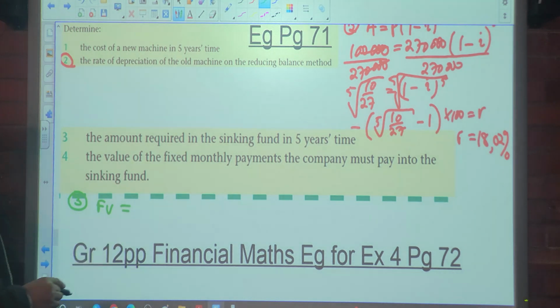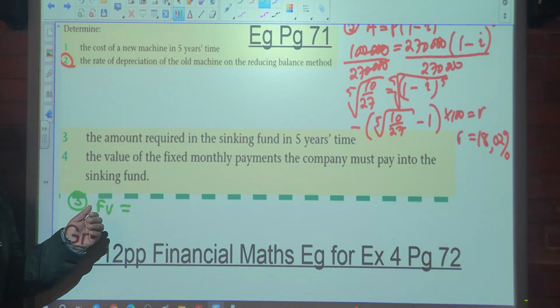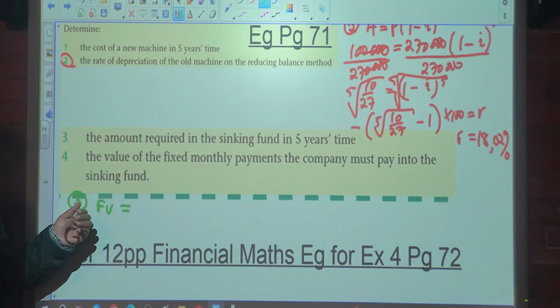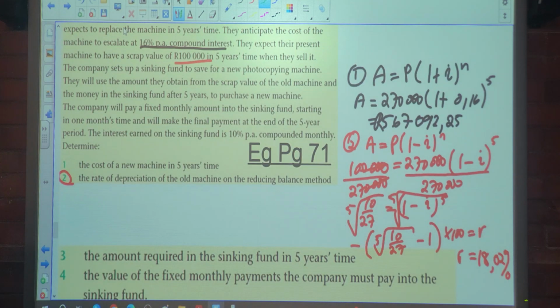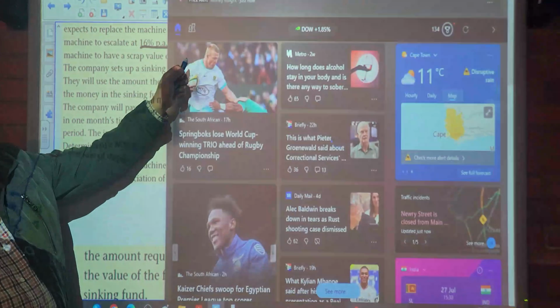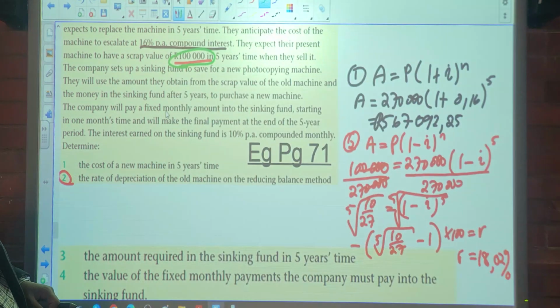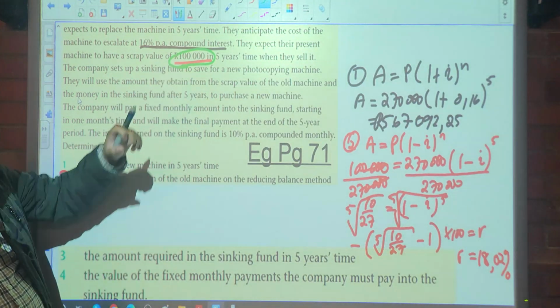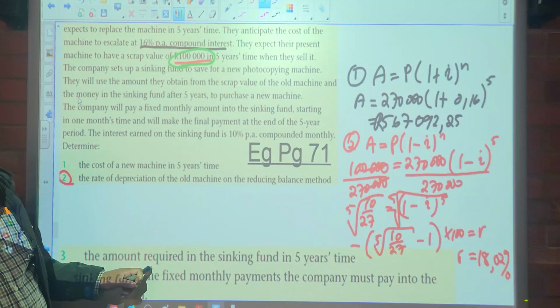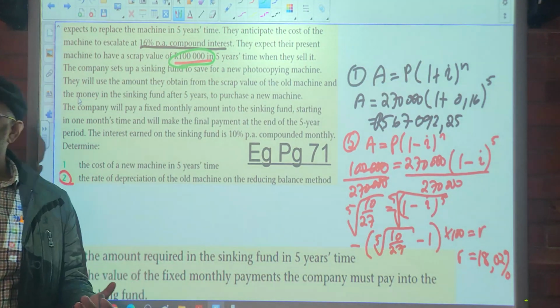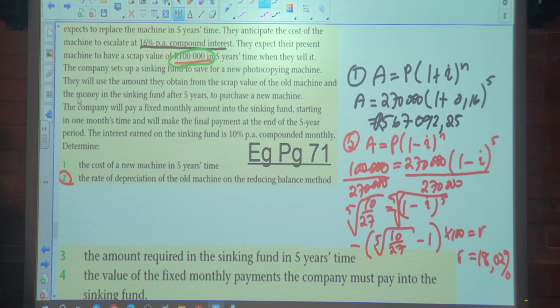Remember that future value is going to be what the vehicle would cost in 5 years' time minus the amount that they will be getting for the vehicle, the scrap value, which is 100,000. Okay, can you see that, people? So again, to calculate the sinking fund value is going to be the difference between the expected price of the item in 5 years' time minus the scrap value.